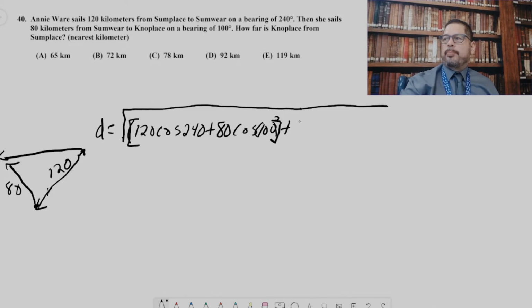You do 120 sine of 240 plus 80 sine of 100, that quantity squared. And that'll give you your answer.